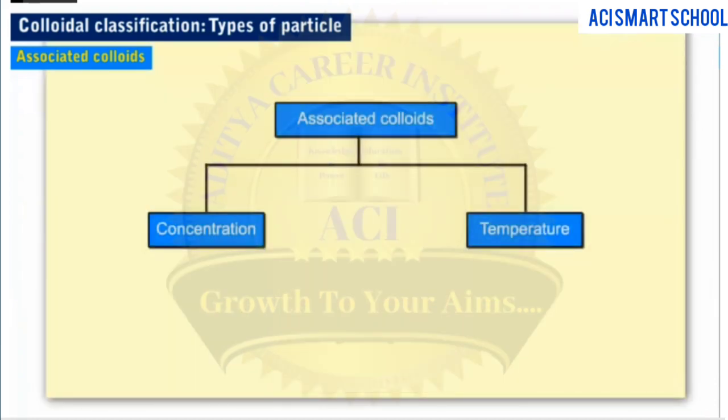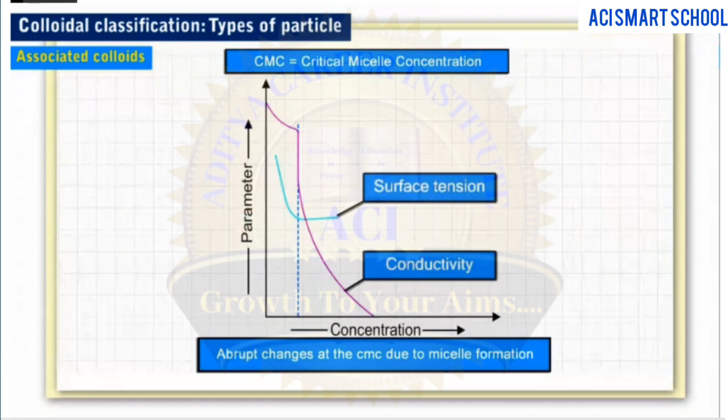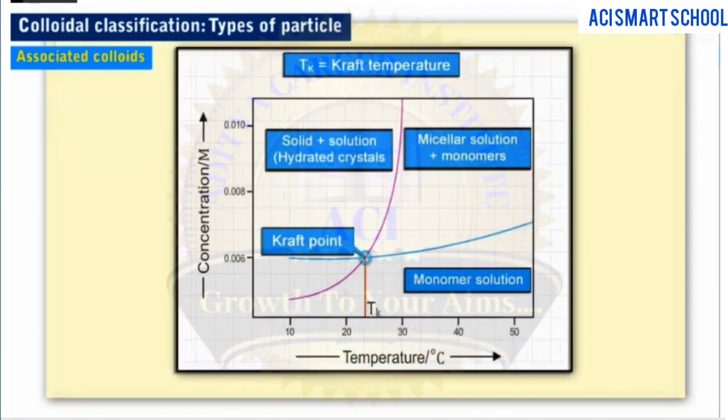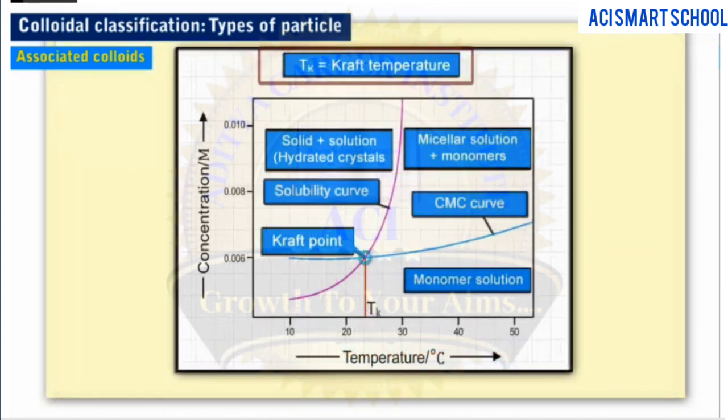The formation of micelles depends upon two factors: the concentration of the disperse phase and the temperature. The formation of micelles takes place above a certain concentration called critical micelle concentration, or CMC, and above a particular temperature known as Kraft temperature, or Tk.